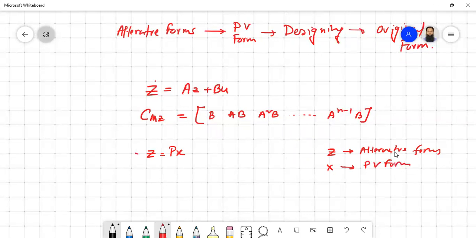Now if you plug Z into this equation, you get P X dot equal to APX plus BU. Then you take the P inverse on both sides. So X dot equal to P inverse APX plus P inverse BU.